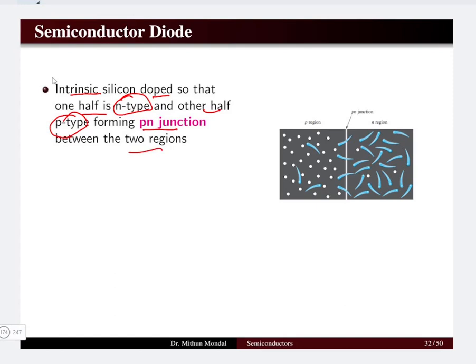The intrinsic silicon is nothing but pure silicon which does not have any impurities, and when impurities are given to it, meaning doping is given to the intrinsic silicon, then we can get N type silicon and P type material. So if one half is a P region and another half is an N region, then you can form a PN junction between the two regions, and these two regions will be separated by some charges that we are going to see.